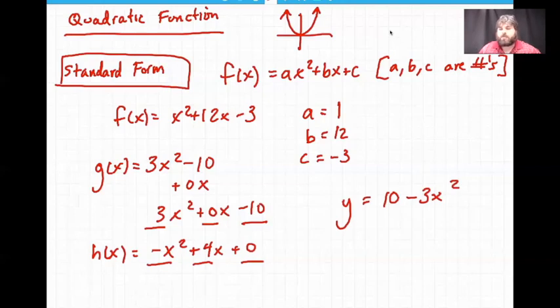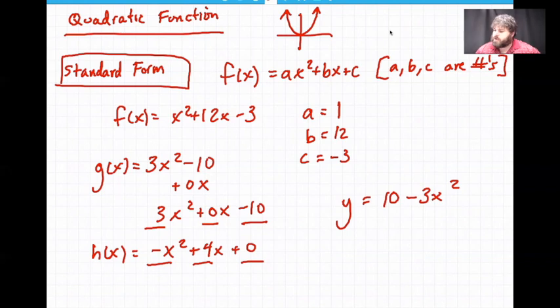A is negative 3, b is 0, and c is 10. You usually write it as x squared and then x and then the number, but you don't have to write it like that. You just have to remember that c is always the number without any variable, b is the number that's attached to the x term, a is the number attached to the x squared term.